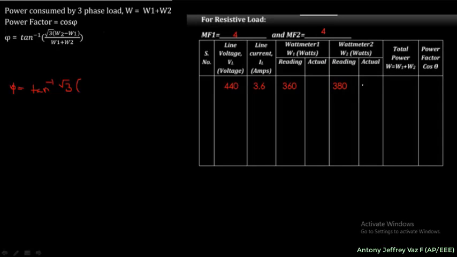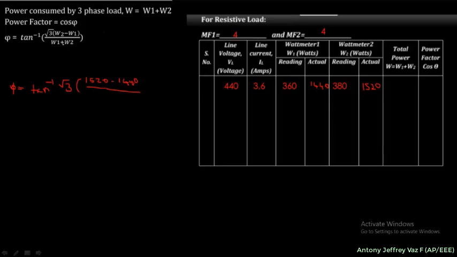First write this 1520, and 360 into 4 is 1440. Here you see W2 minus W1, which means you subtract these: 1520 minus 1440.